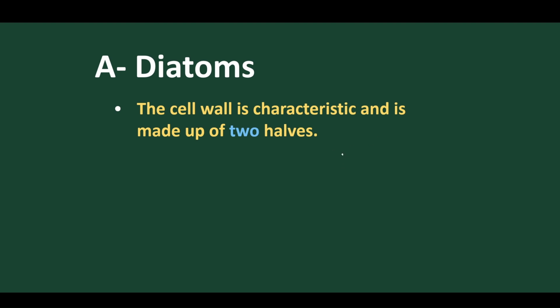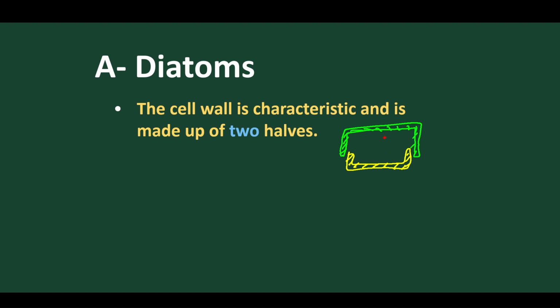Normally, when we discuss the cell wall, we find that the cell wall is differentiated into two halves, two layers. Suppose this is the cell wall, and another layer is present just below it. The cell wall is covered with silica, and the silica is normally present in this format. Got it?